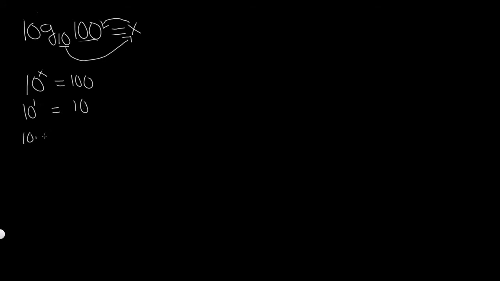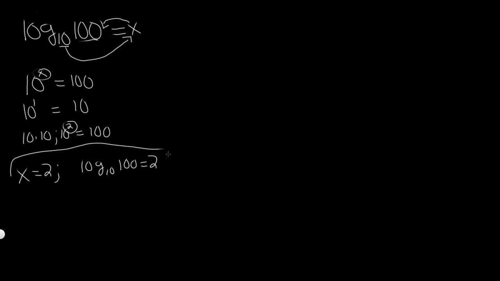And 10 times 10, or 10 squared, is equal to 100. So therefore, if 10 raised to the second power is equal to 100, x is equal to 2. And we could rewrite this as log base 10 of 100 is equal to 2. These are 2 sufficient answers.